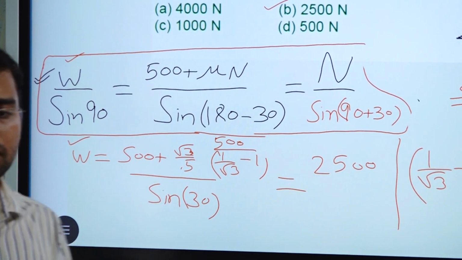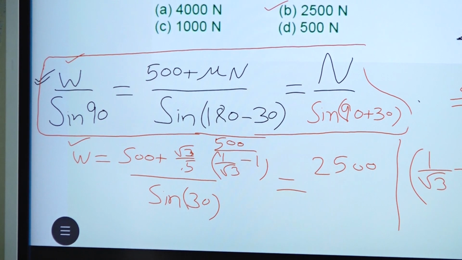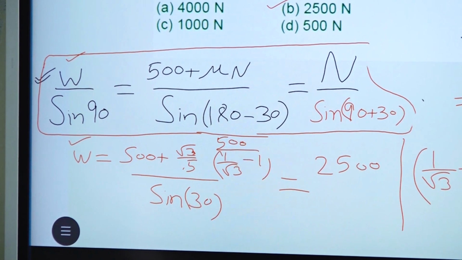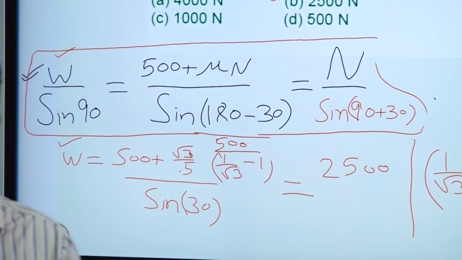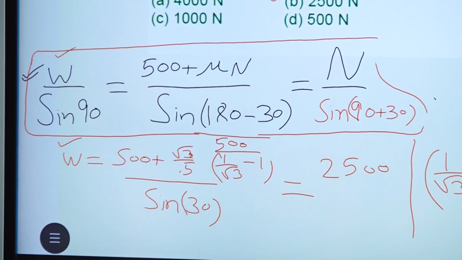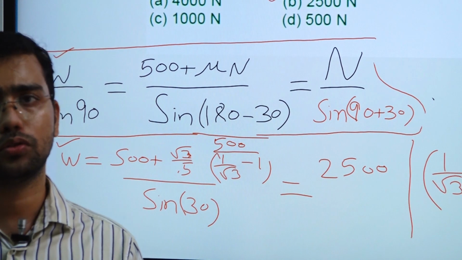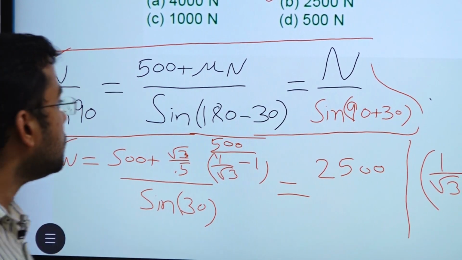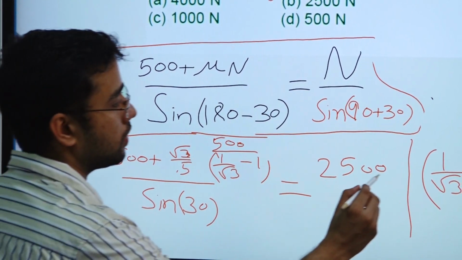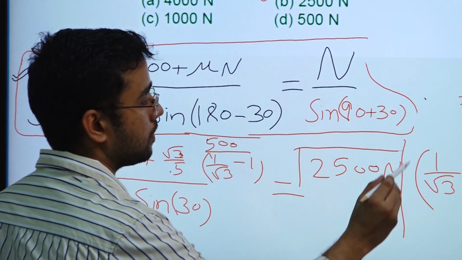I have already shared the calculator that is used in GATE. Check your Moodle, there you can find the calculator. You have to use only that calculator which we are going to use in GATE. Don't use a normal calculator. So 2500 Newton will be our answer.